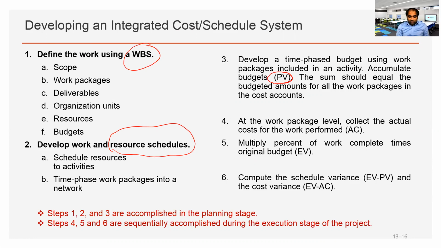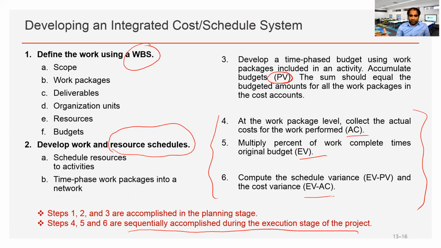Steps 4, 5, and 6 are sequentially calculated over the period of time during the execution stage of the project. So 4, 5, 6 are the critical terms that help us in tracking the progress of the project.